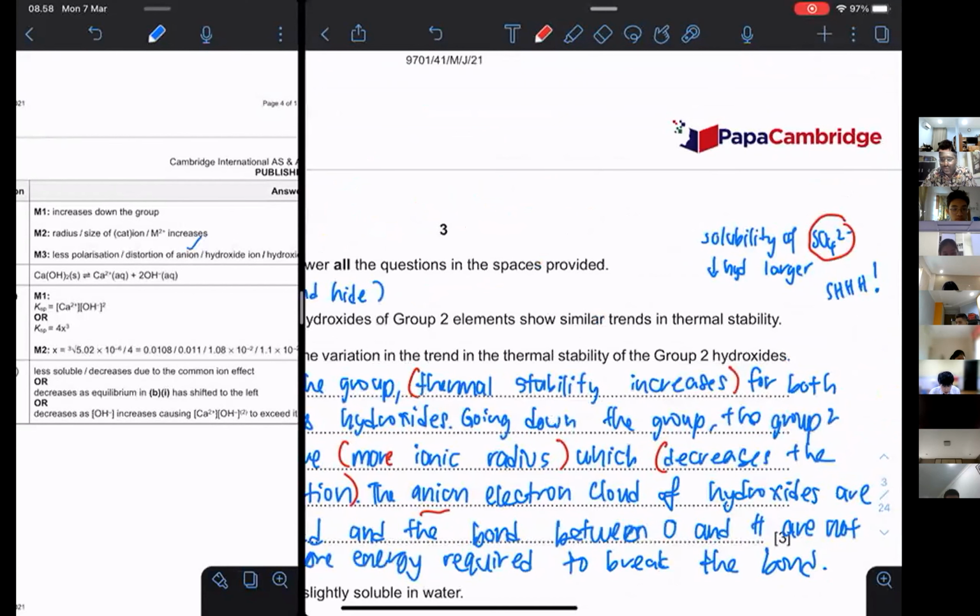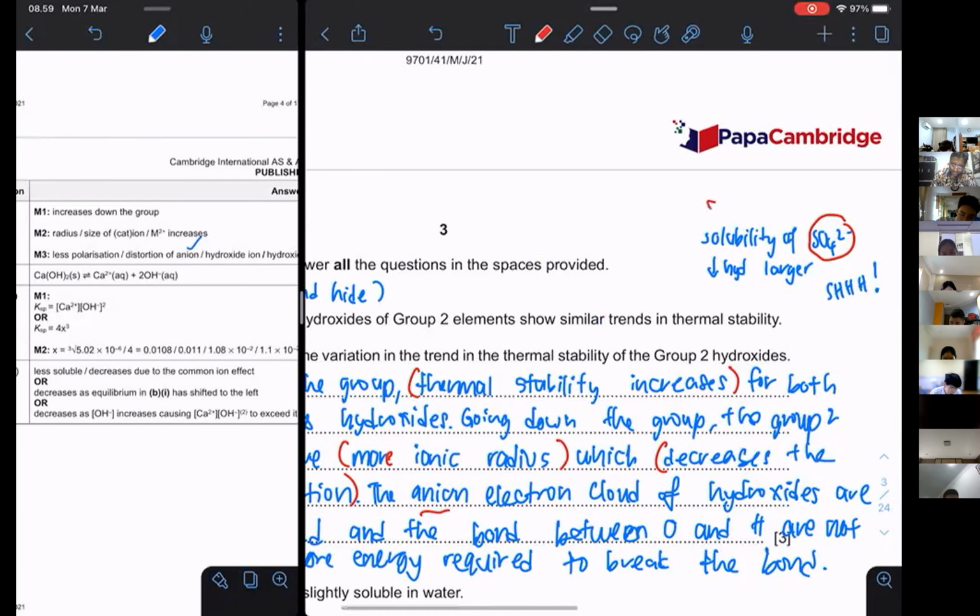Everyone should know that barium is at the lower part of the group, and barium sulfate is always a white precipitate. So the solubility of sulfates decreases going down the group.